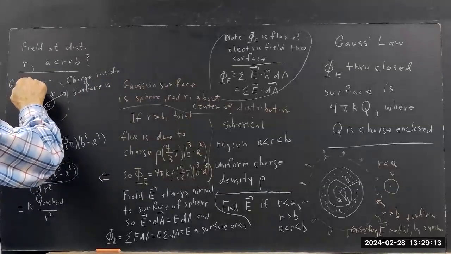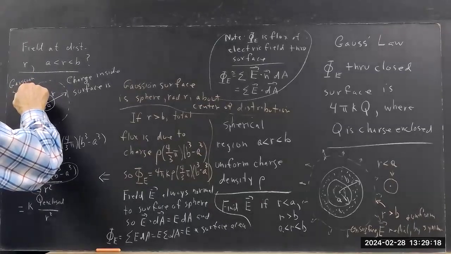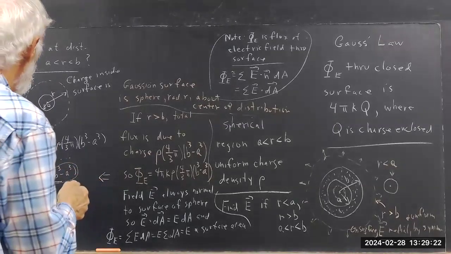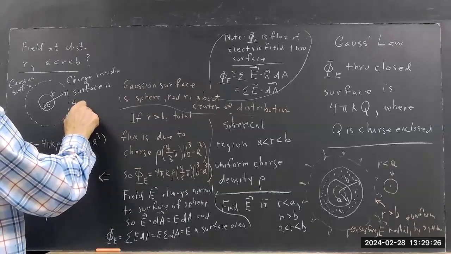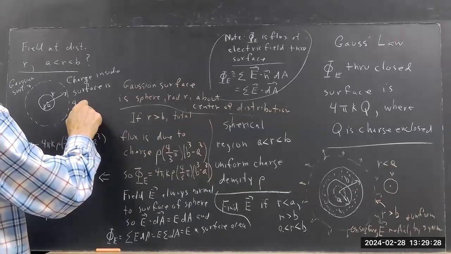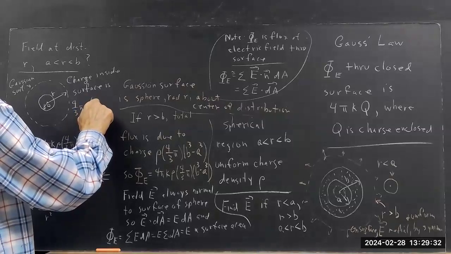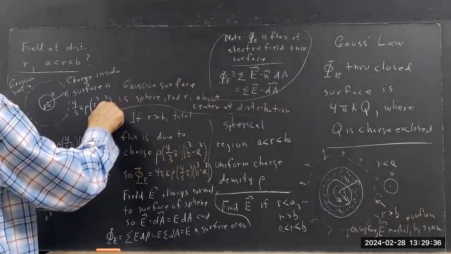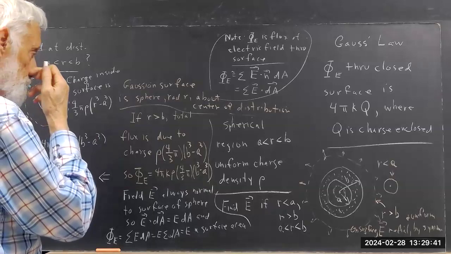Gaussian surface. Here, the charge inside the surface is just 4/3 pi rho times r cubed minus a cubed.